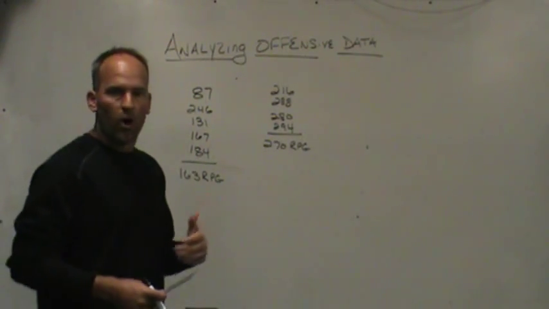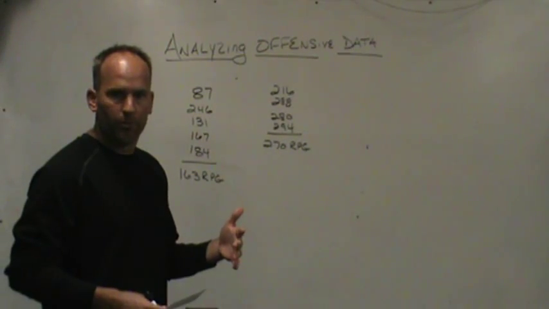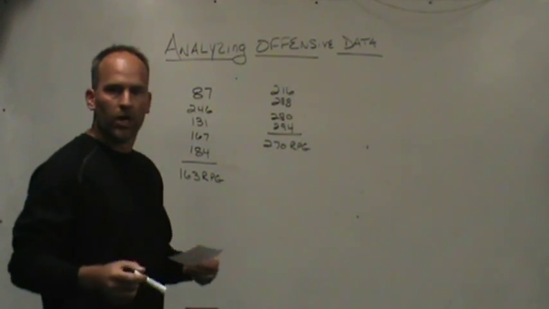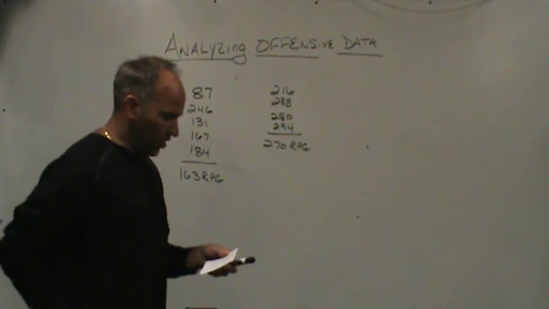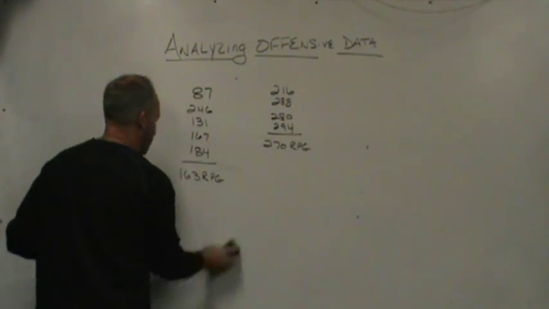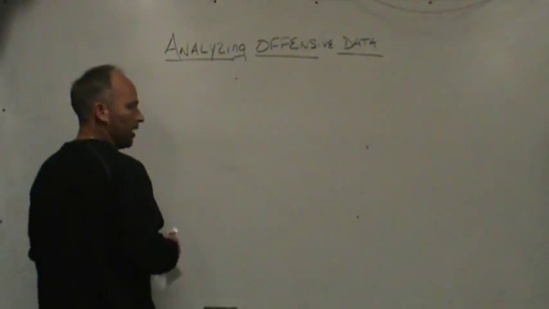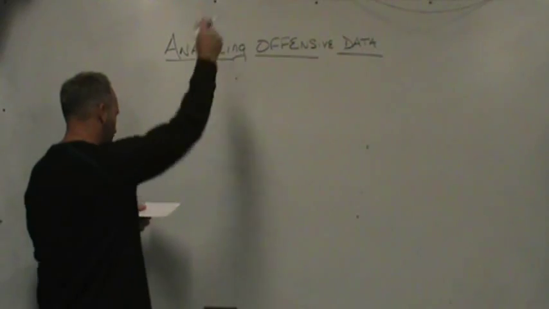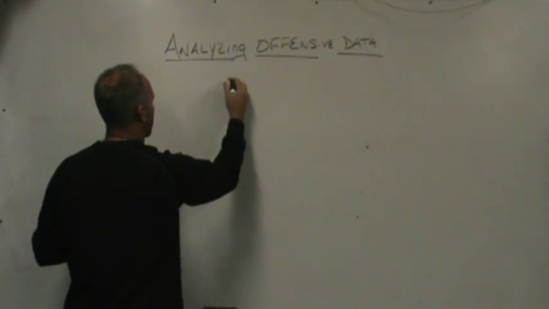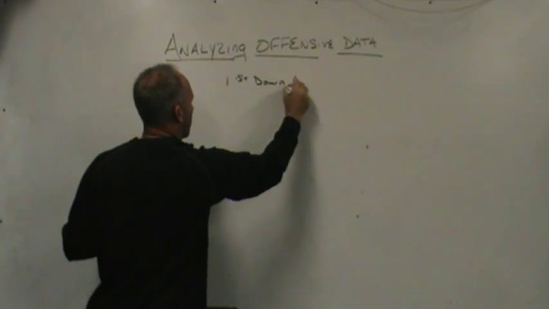All right, so running the ball for me, personally, as a head coach and offensive coordinator, is very important. Now the next one we're going to look at is average yards on first down, and then the third down percentage of conversions. So again, in our losses on first down, we're talking about first down averages.